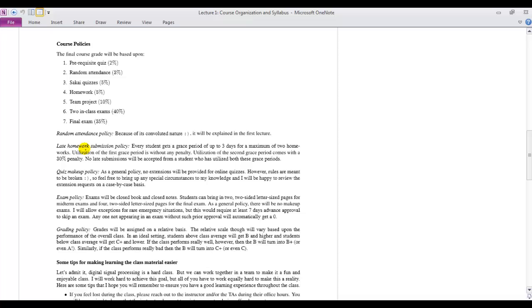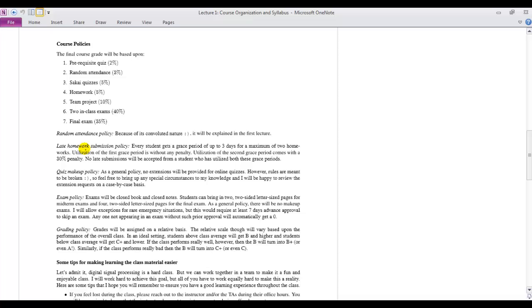What I've seen in the last 2 years is that when I give open book and open notes, students presume that somehow they can come on the exam day and just look through all the book and somehow be able to solve the problem because it's open book. And it never works for them. So it gives them this false sense of security that open book means not needing to study. So I've now changed that.